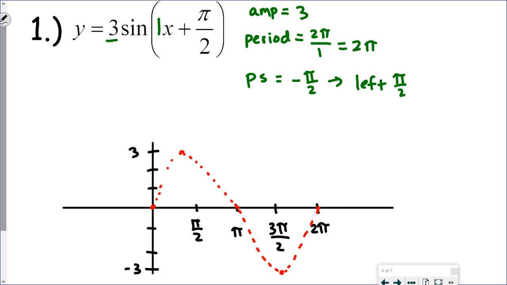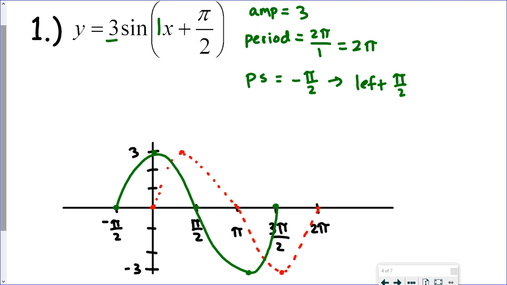So I got to go left pi over 2, so I have a negative pi over 2. So I'm taking all of these points here and I'm shifting them left, basically what looks like 1 unit, because my increments are already in pi over 2. Okay, so that's that one.